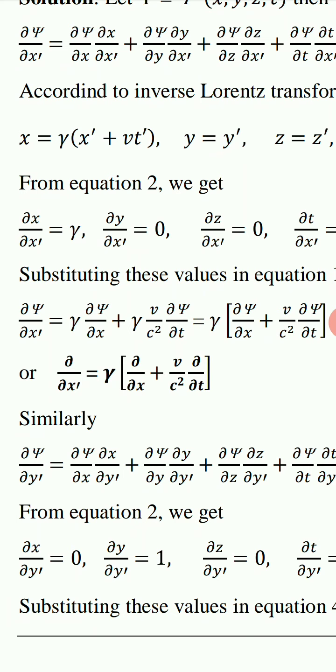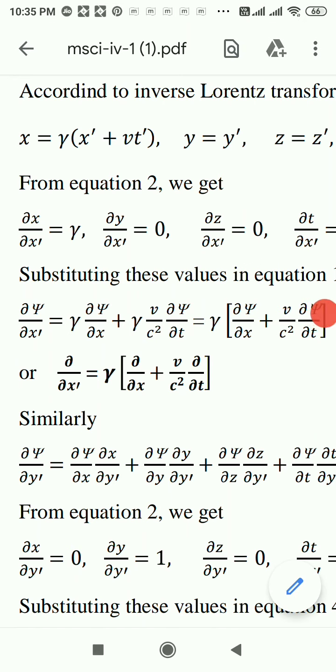If we remove psi on both sides, we find delta upon delta x dash equals gamma into delta upon delta x plus v upon c square delta upon delta t. This is the relation of the differential operator delta upon delta x dash in the S dash frame with the differential operators delta upon delta x and delta upon delta t.